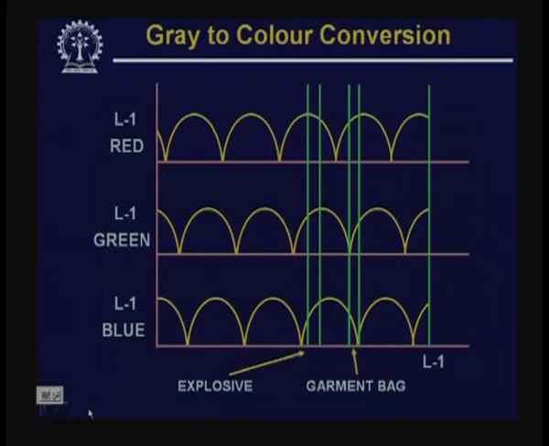So, by using this pseudo coloring technique, we can give different colors to different intensity ranges, and as we have just seen, we can convert a grayscale or an intensity image to a color image.